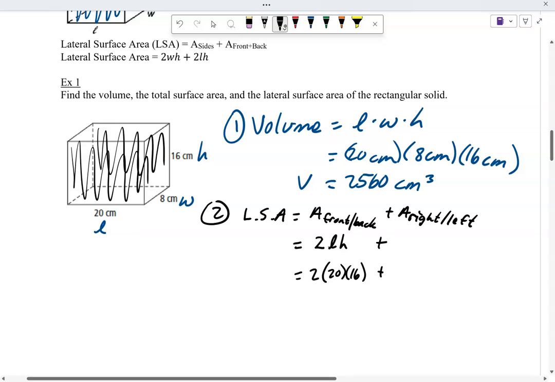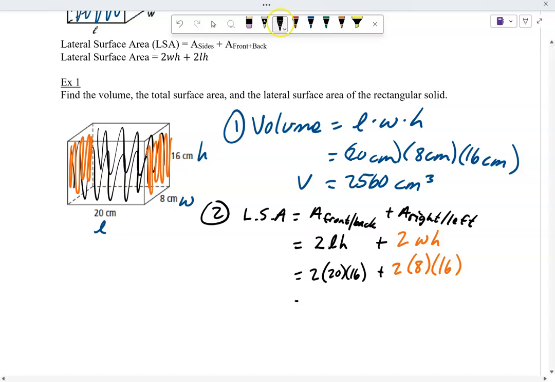Plus, now I'm going to do the right and the left. Let me do that in orange. Here's the right side, here's the left side. So there's 2 times width times height, so I've got 2, 8, and 16. This gives me 640, and by the way, this is centimeters times centimeters, so that's square centimeters.